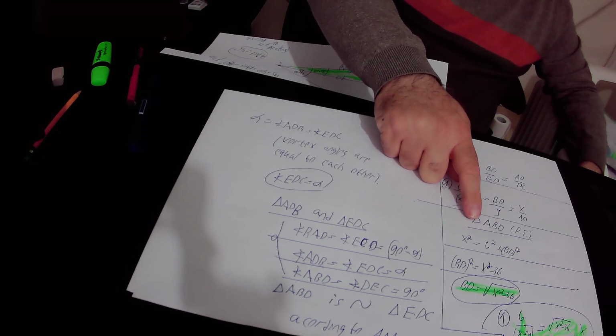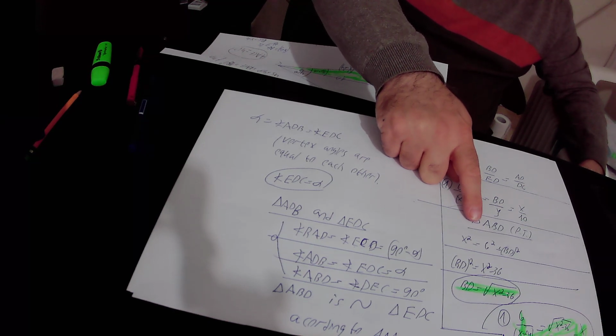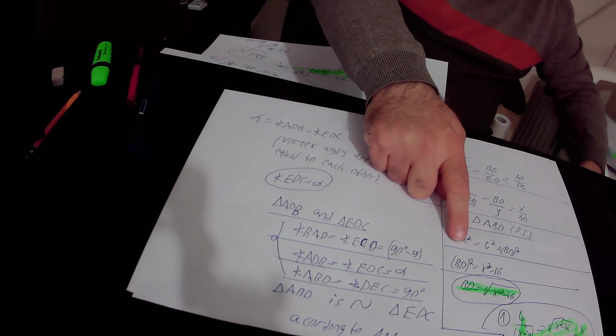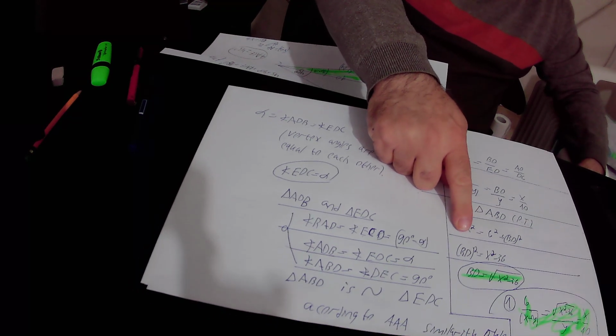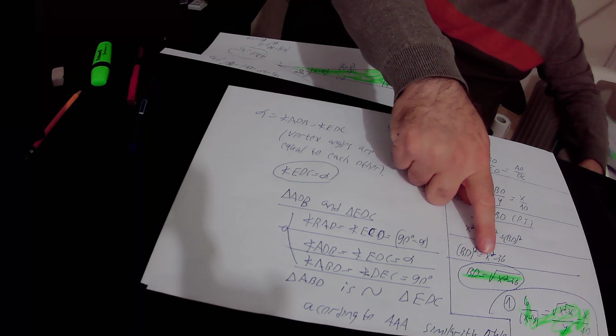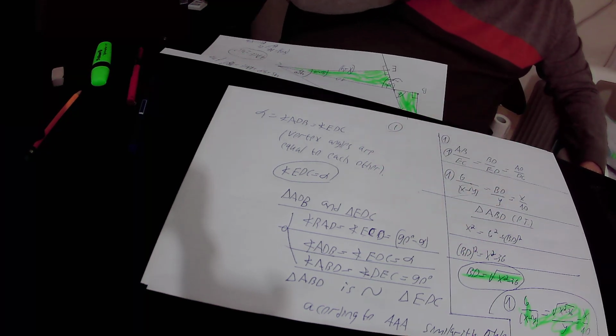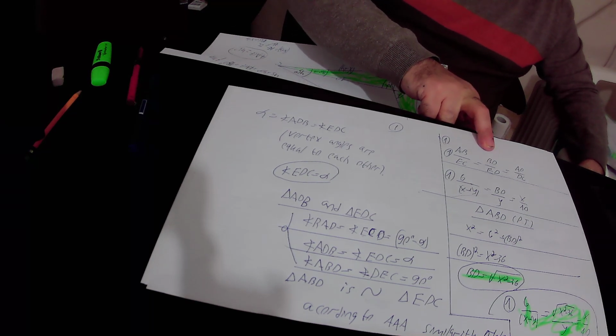We subtracted 6 squared from this equation. We found that BD squared equals x squared minus 36. We took the square root of this equation and found that BD equals the square root of x squared minus 36. So we can substitute BD in this equation by the square root of x squared minus 36.